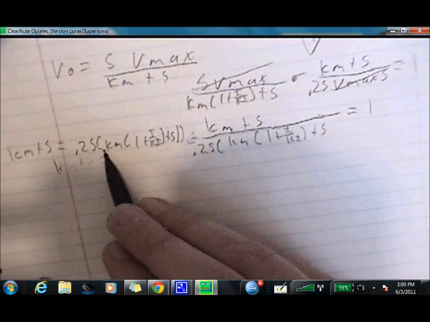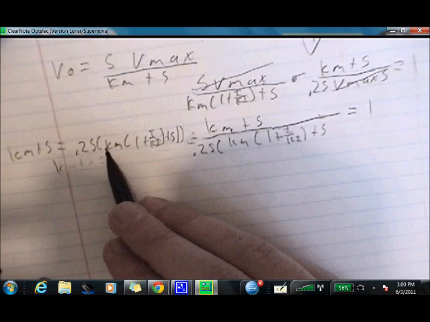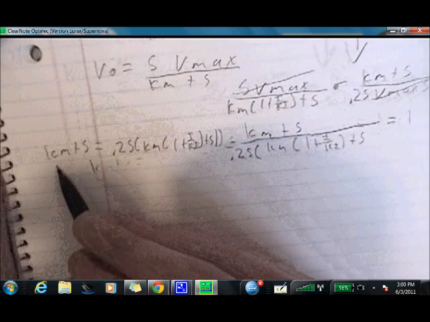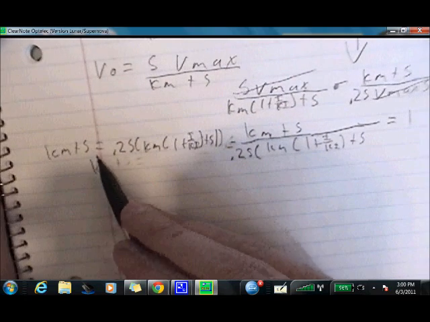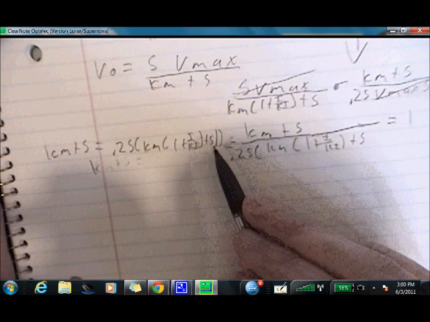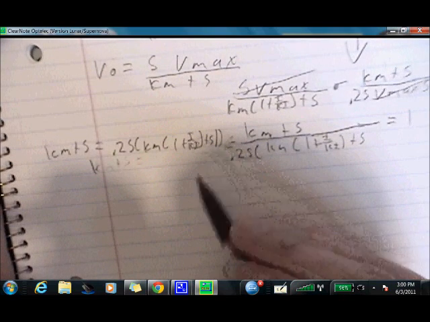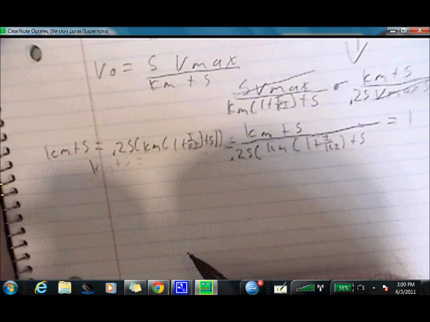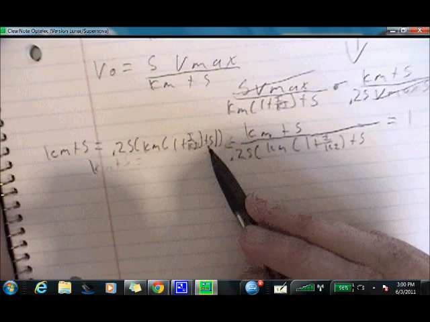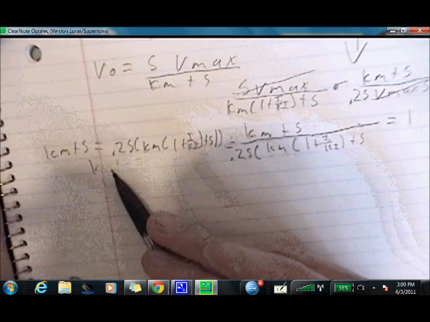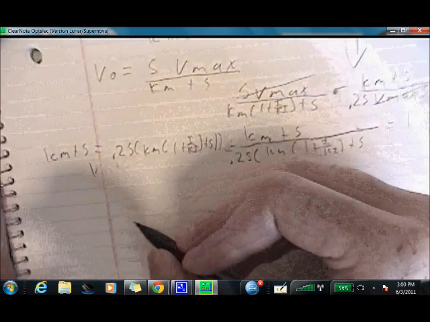So what we can do now is plug in numbers for this, or we can also distribute this out.